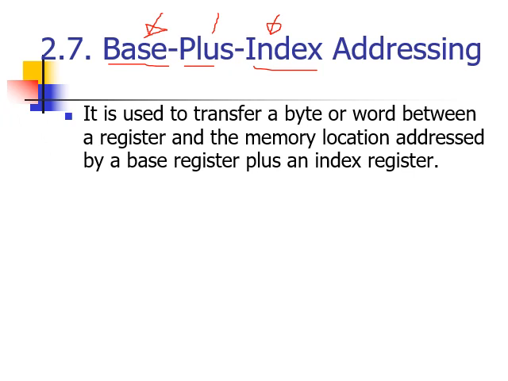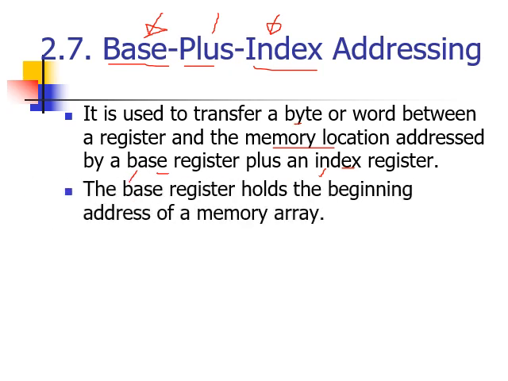It is used to transfer a byte or a word from some memory location addressed by the base register plus an index register. This memory location has a starting point and you move up or down by an index register. Again, used with string instructions or when dealing with arrays.